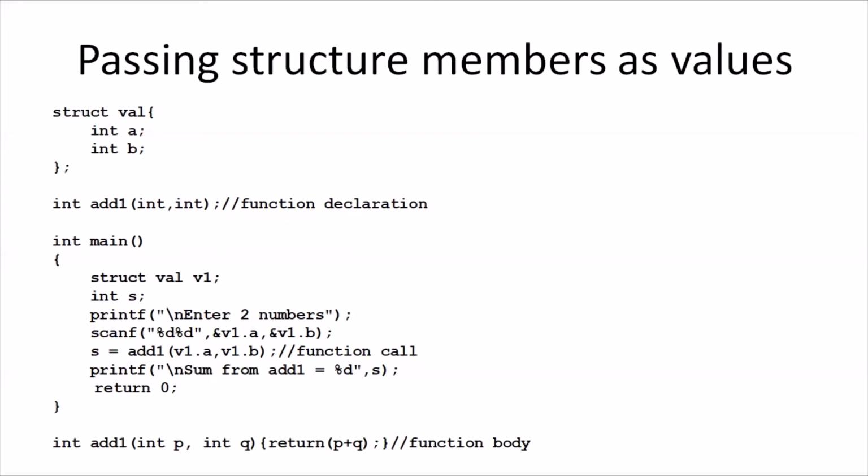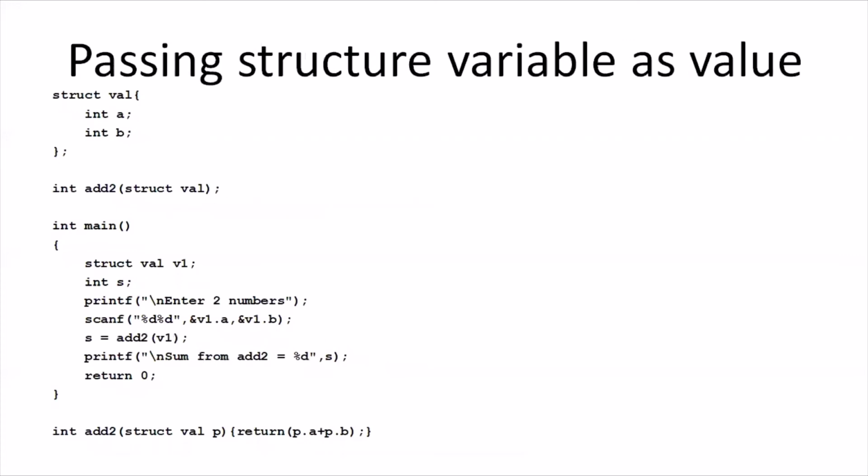In case we want to pass the structure variable as a whole as value to the function, we need to declare the function add2, which in this case will be taking a struct val type of variable as a parameter. Hence, we declare the function add2 as int add2(struct val).